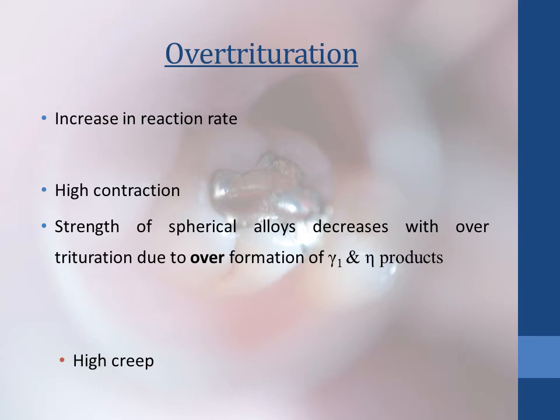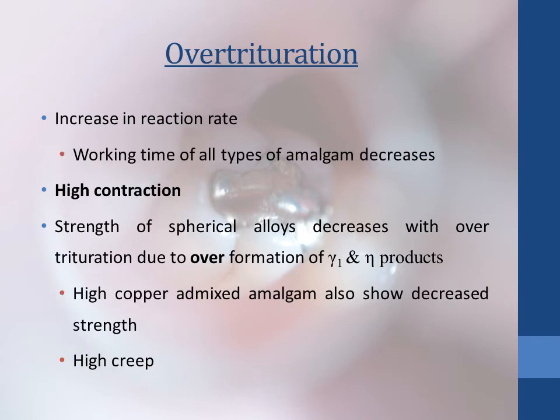This occurs when we increase the reaction rate. Obviously, over-trituration leads to a decrease in the working time, but the disadvantage is that it ultimately leads to high contraction and decrease in strength.